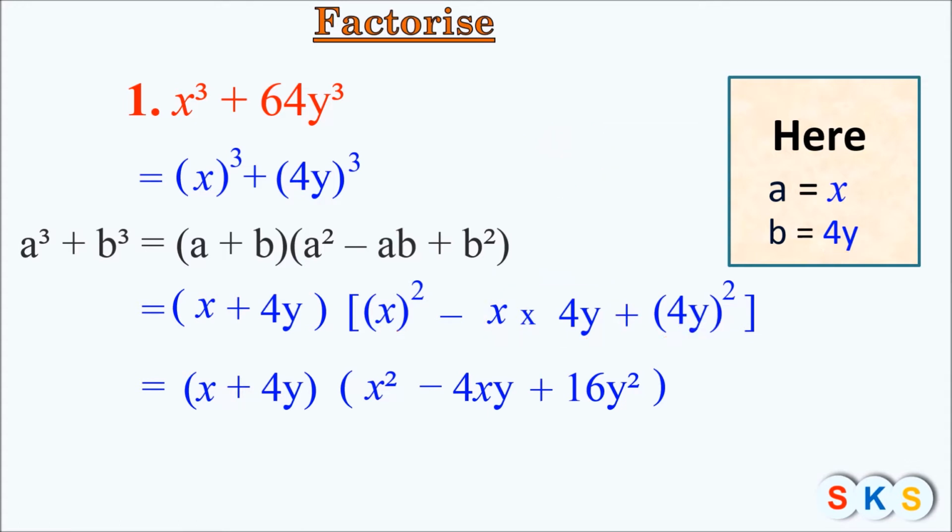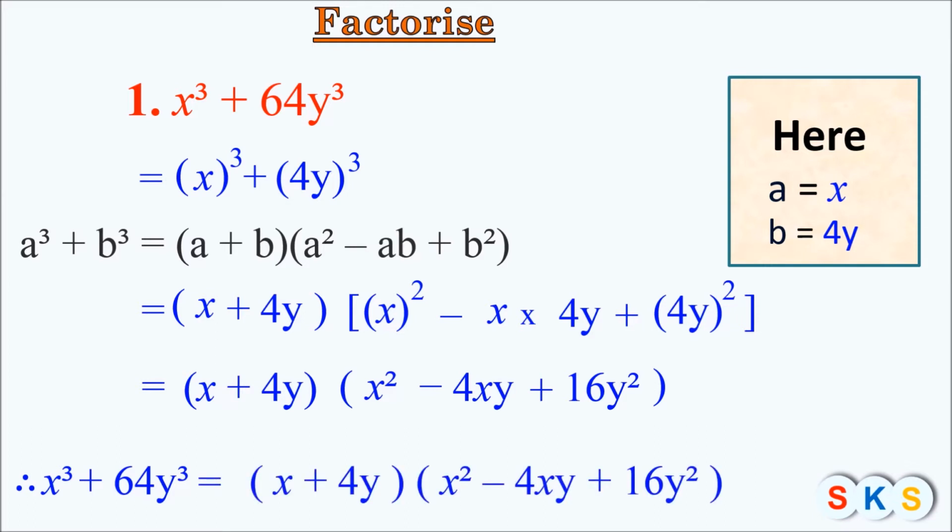You can see the first bracket is x plus 4y, which cannot be simplified further, and the second bracket has x square minus 4xy plus 16y square, which also cannot be simplified further. Therefore x cube plus 64y cube is equal to x plus 4y into x square minus 4xy plus 16y square.